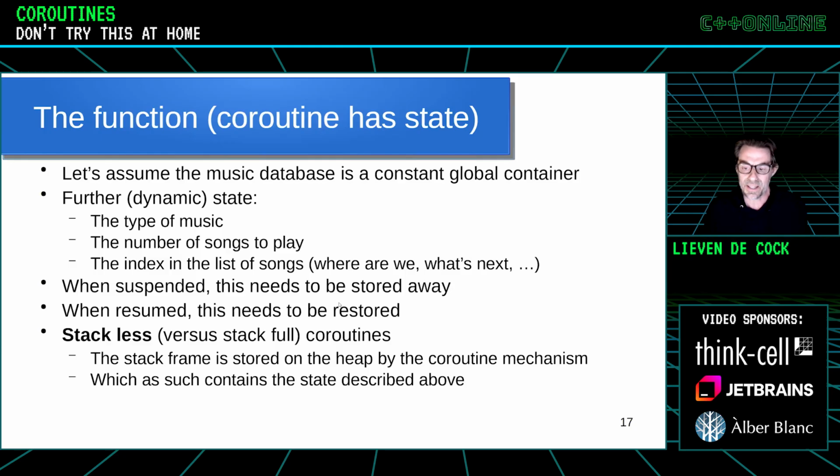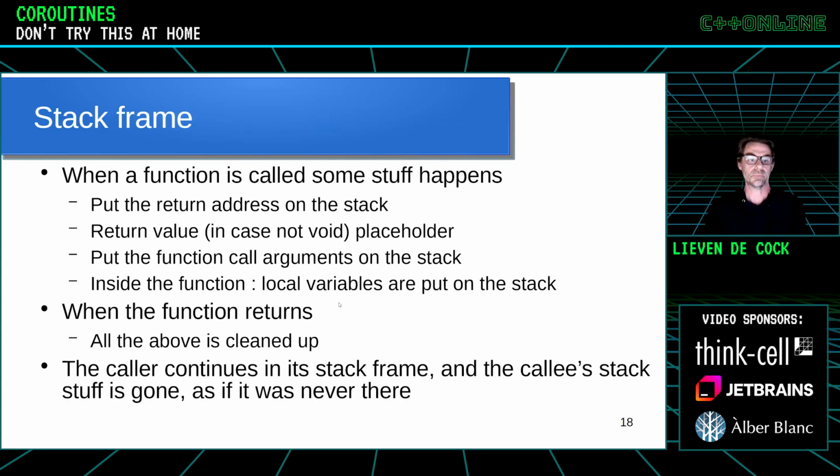Because when it gets suspended and resumed, it needs all of that information. And it's for that purpose that the stack frame is going to be stored on the heap, as we will see later. Because there are stackless and stack-full coroutines, C++20 brings us stackless coroutines.